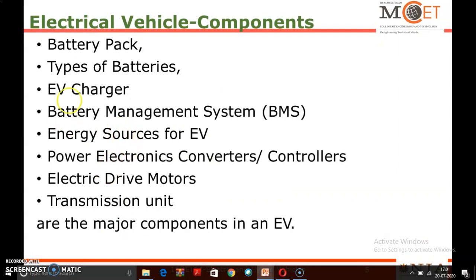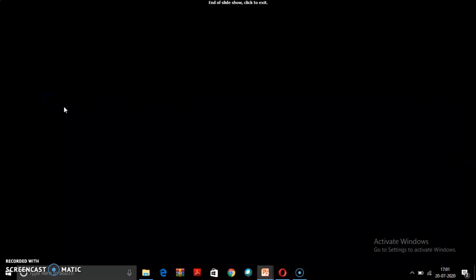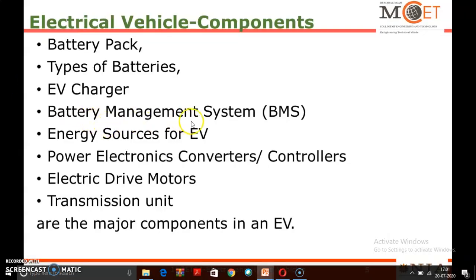So next one is the battery management system. This battery management system is used to monitor the performance of the battery modules and to control the operating performance of the battery within the safe operating range or safe operating limits.